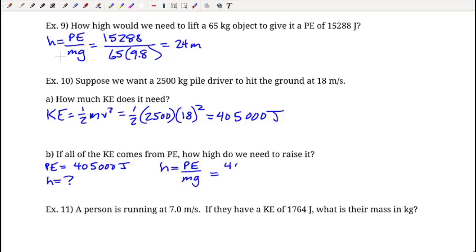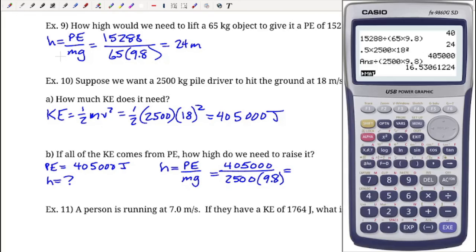So we're going to take this 405,000 joules and divide it by the mass, 2,500, divided by 9.8. Again, pull out your calculator, see what you get. My calculator tells me I'm going to need to raise it approximately 16.5 meters to get that potential energy, which is going to convert into the kinetic energy I need for it to hit the ground at 18 meters per second.